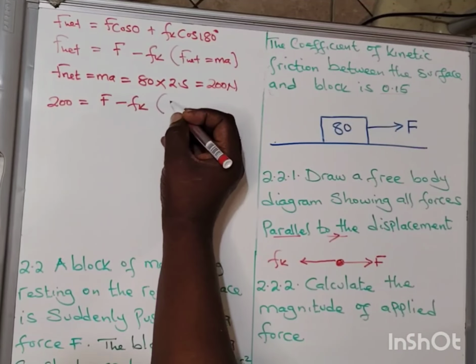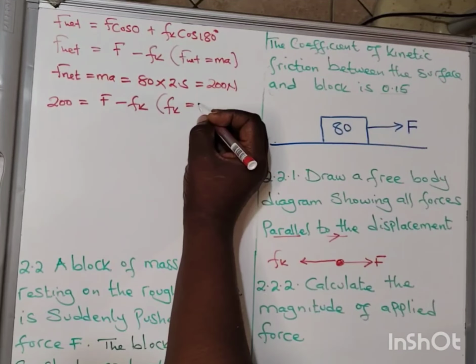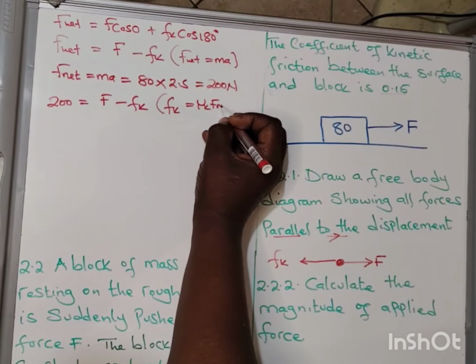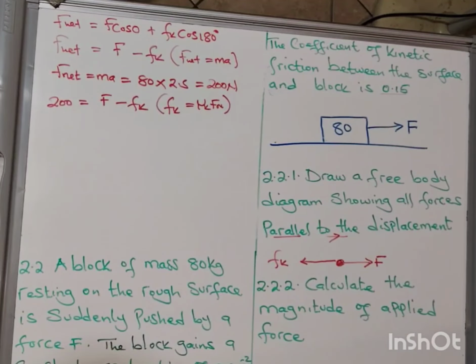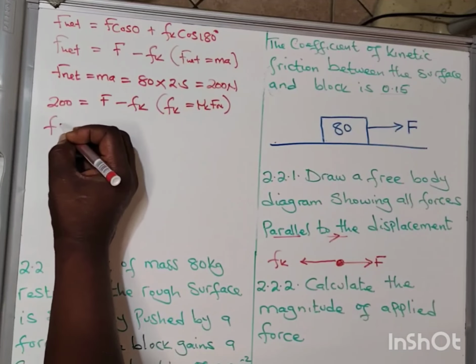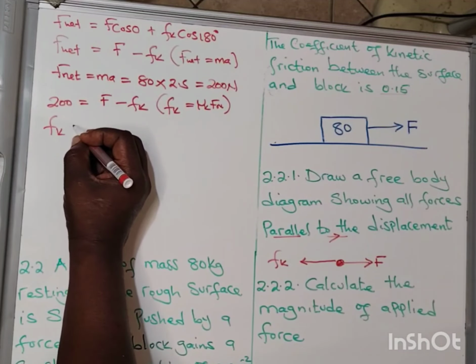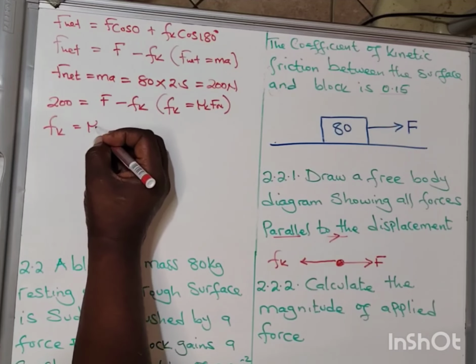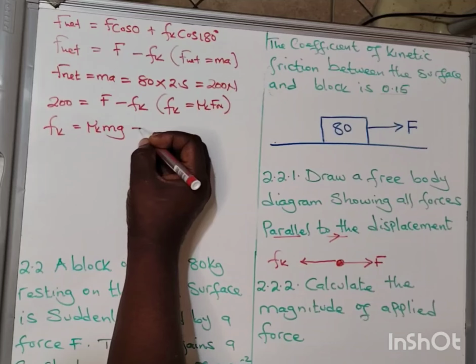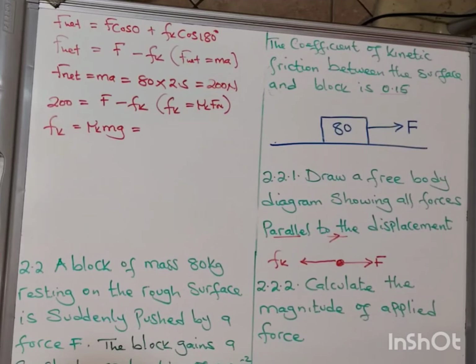But we know Fk is given by mu k Fn. So what do we have here? Fk is equal to mu k, and the normal force is mg, so you can substitute for that.